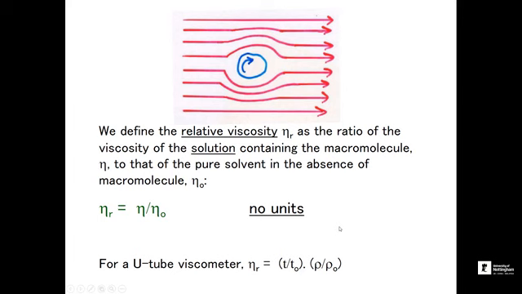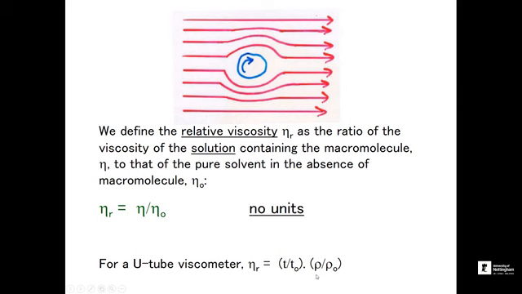And for a U-tube viscometer, the relative viscosity is simply the ratio of the flow time of the solution, you make the measurement there to there for the solution, and then t0 there to there for the solvent. And there's usually a correction for the density of the solution and the solvent.